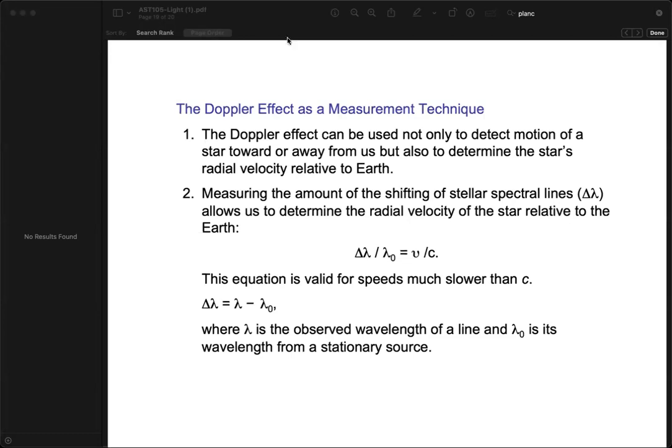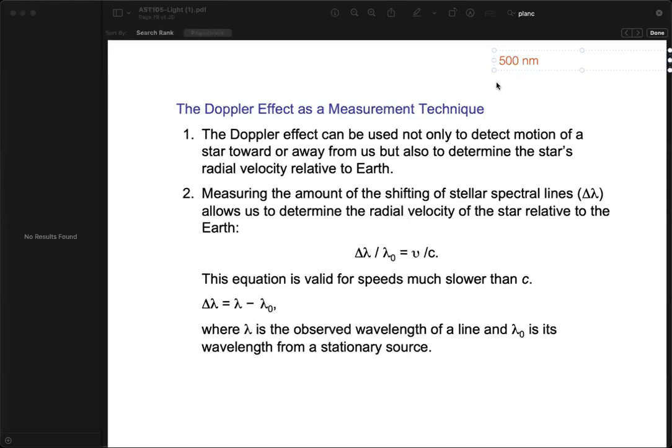So here's what a question based on this would look like. Normally there is an absorption line which is, let's say, at 500 nanometers.